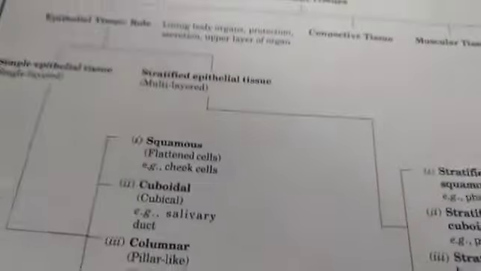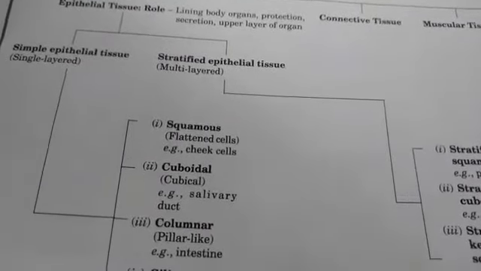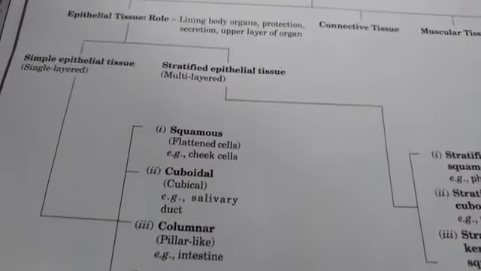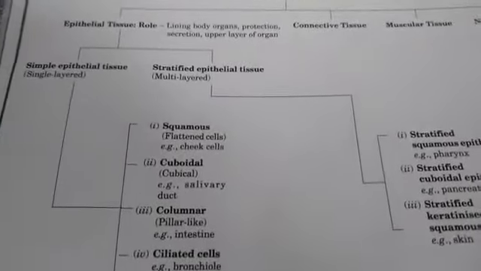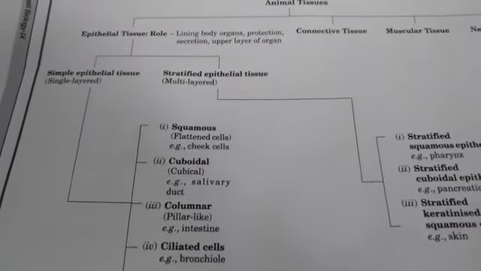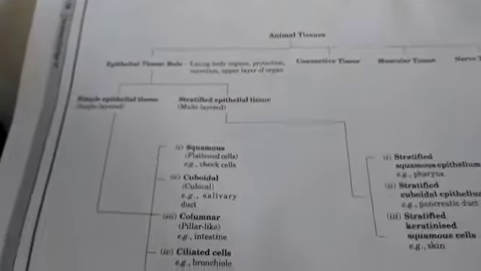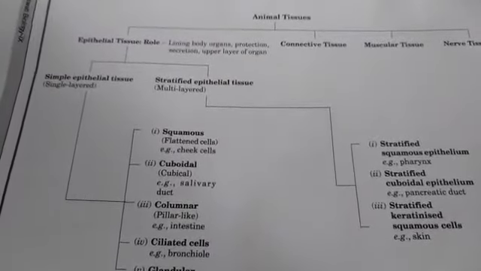Now, we study epithelium tissue. Epithelium tissue is a pavement tissue. It makes a continuous, sheet-like structure, closely packed, with no intercellular spaces. Epithelium tissue lies on a membranous structure called the basement membrane.